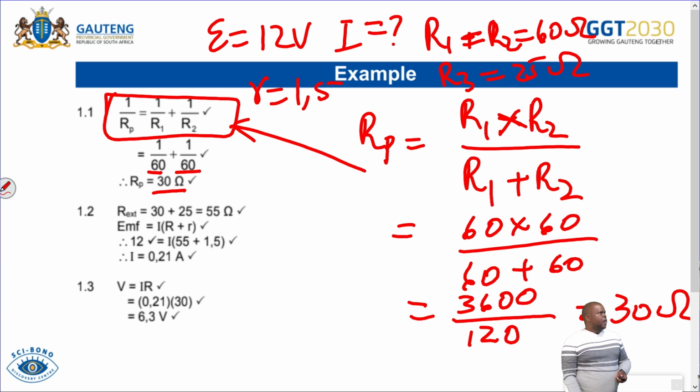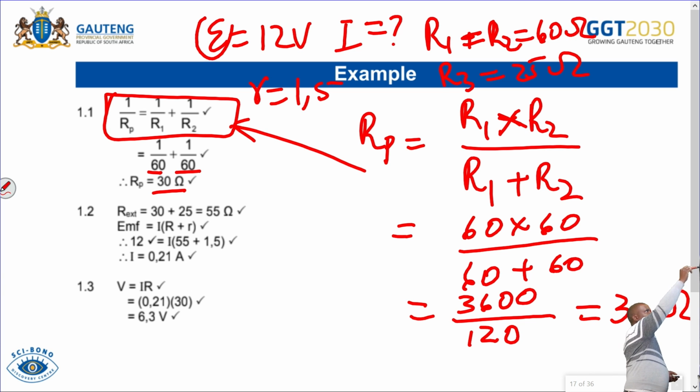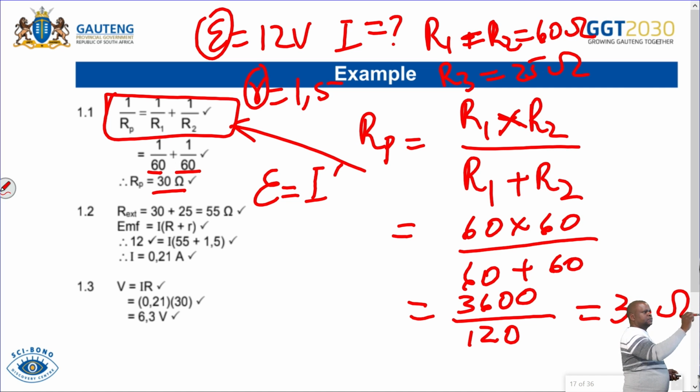Then from there, because we have all the R together, we can easily choose what to use. We can say E is equal to I times R plus small letter r.